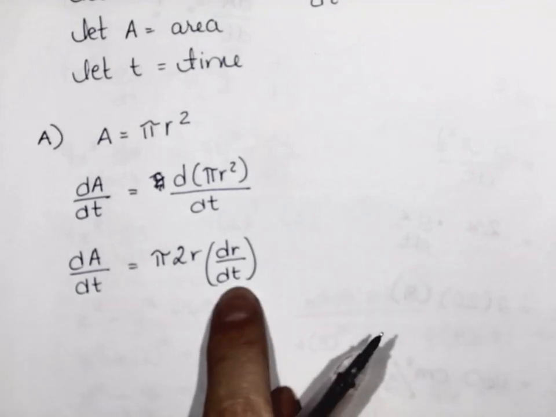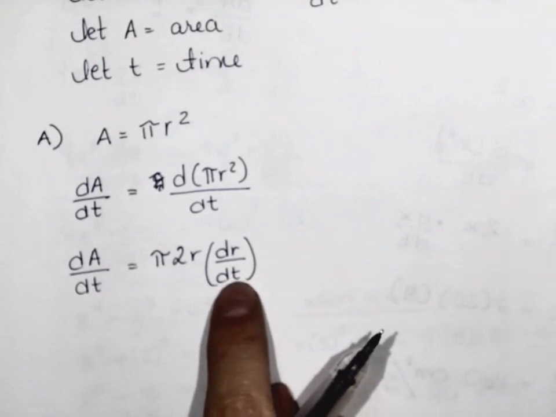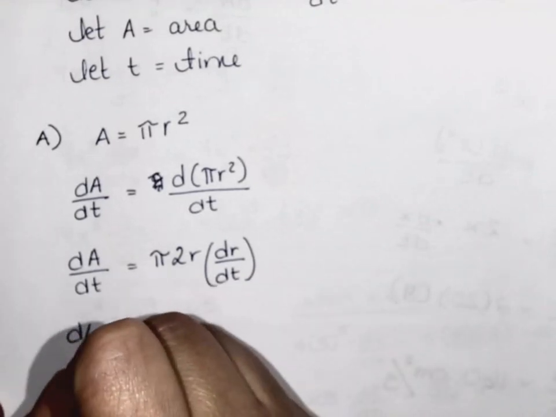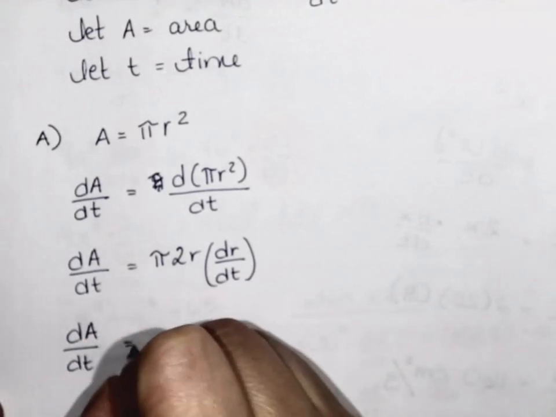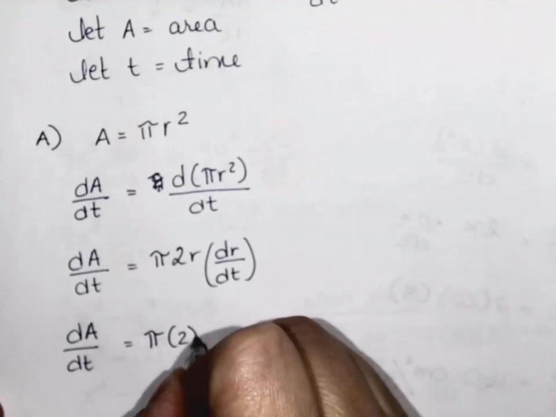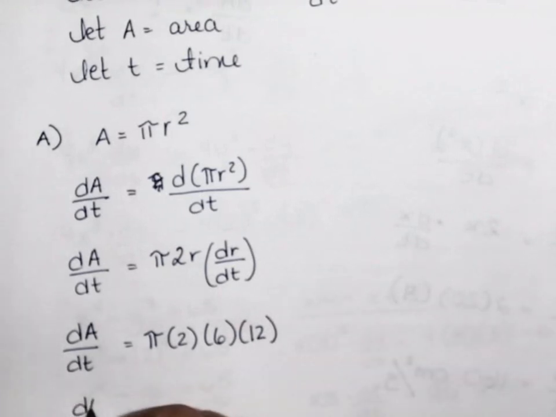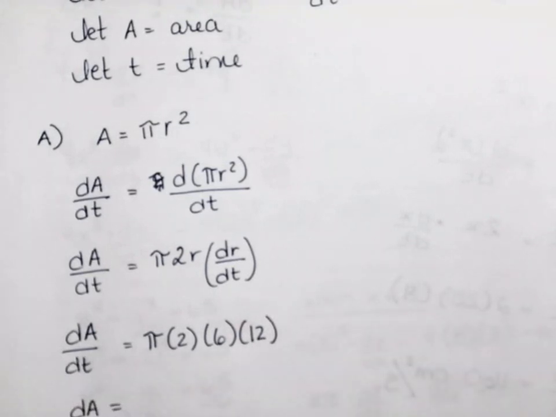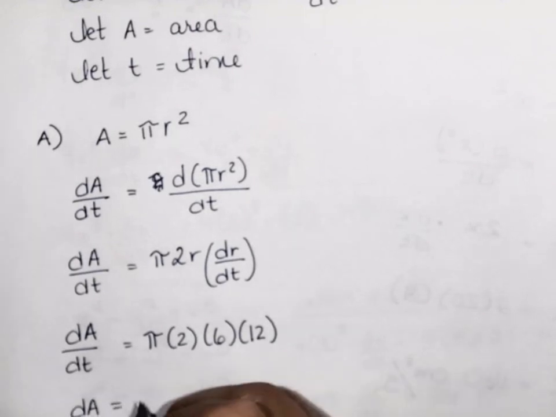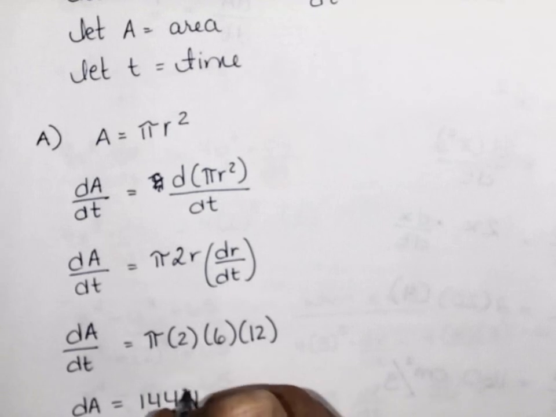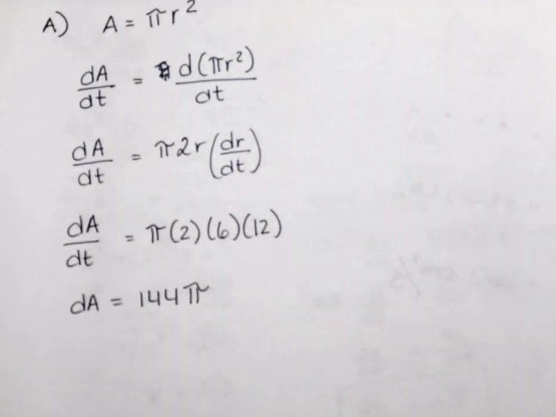But we know that the r is 6 centimeters, and what do we know dr over dt is? 12 centimeters per second. Right. Do you guys want to leave it in terms of pi, or do you want decimals? Leave it as a pi? Okay, so 12 times 12, I know that one in my head. 144 pi. And what's my units of measure on this?